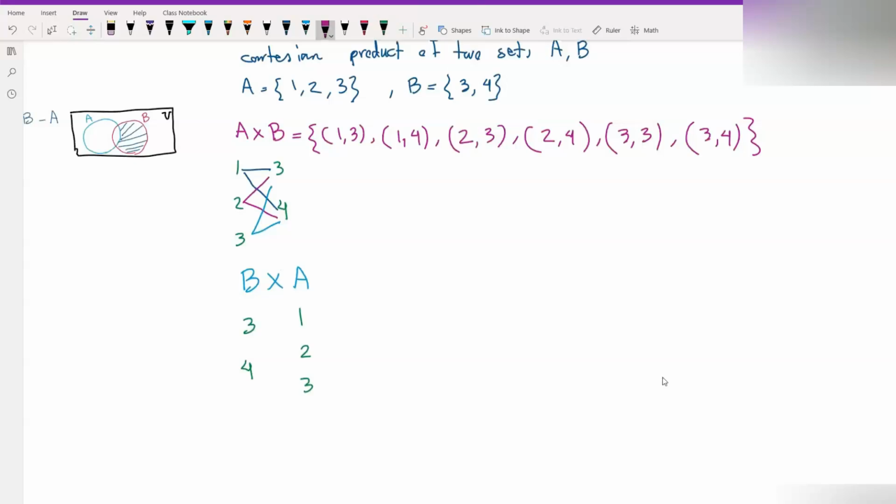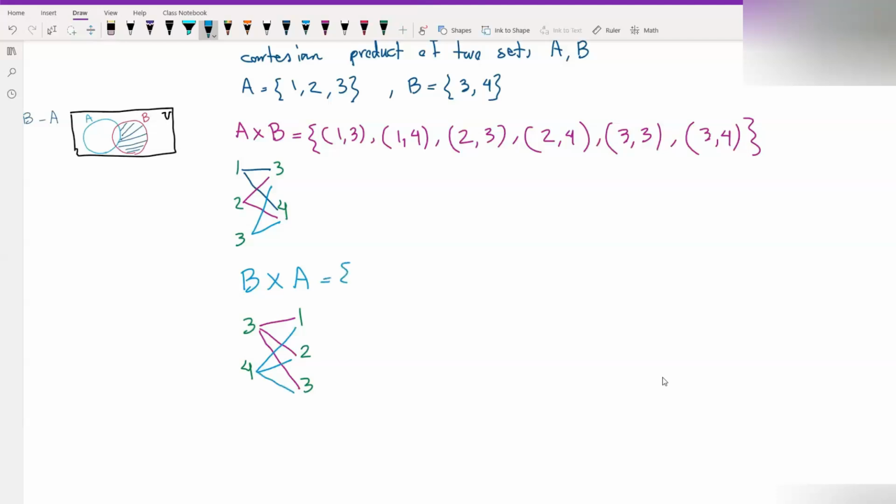Again, starting from left, starting from B, B times A is 3, 1, 3, 2, 3, 3. Again, B times A, starting with what I have on left, is 4, 1, 4, 2, 4, 3.